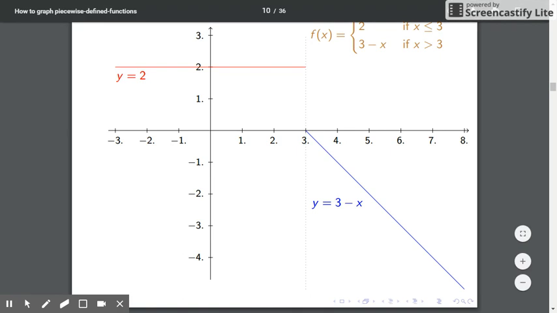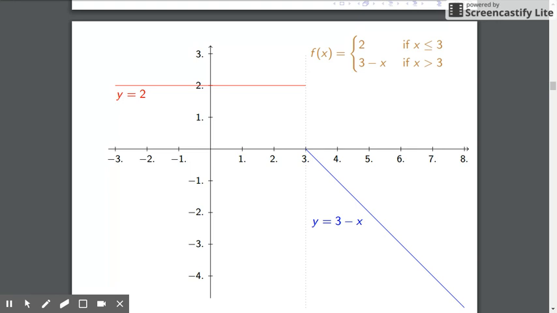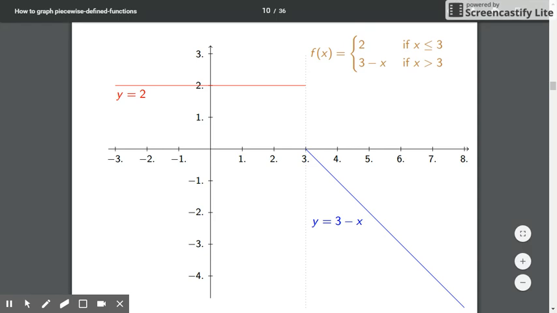So we did that and we weren't worried about the cutoff point in either of them. Now it's time to worry about the cutoff point. The y value for the cutoff point is given in the first piece, because this rule includes the domain point x equal to 3. So x equal to 3 is in this piece. Figure out what y value it takes.